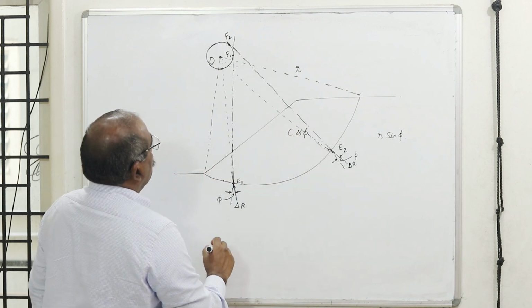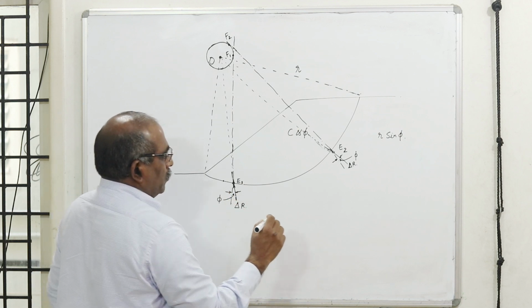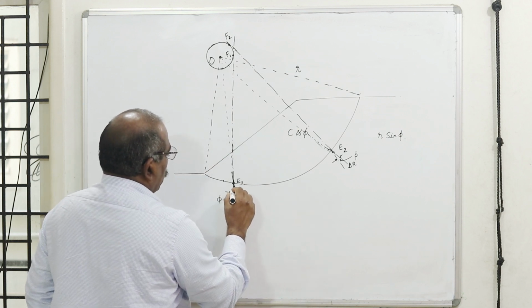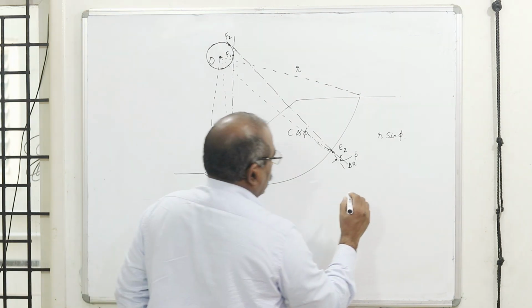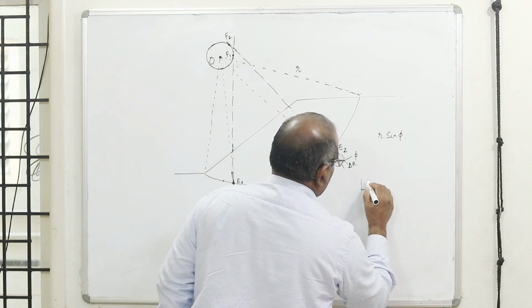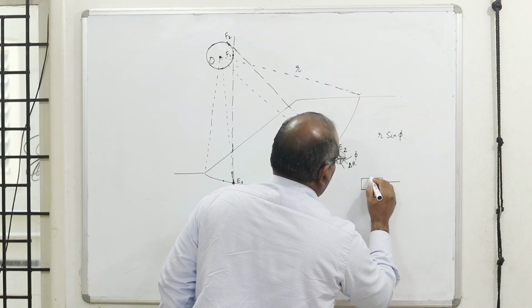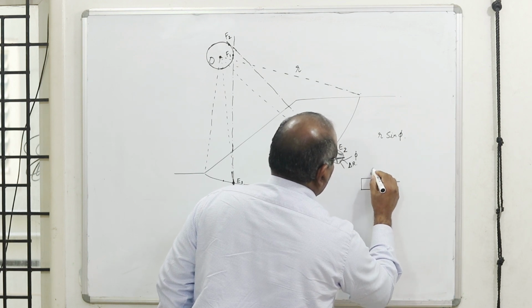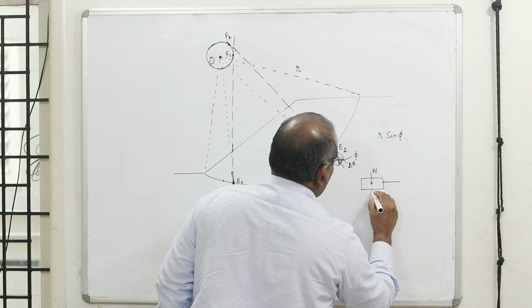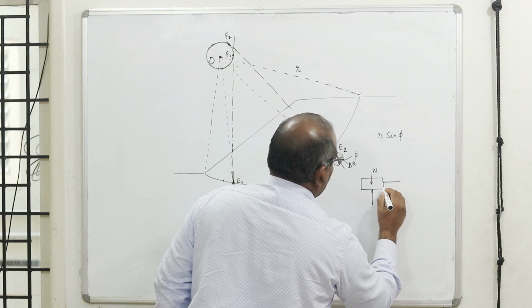Let us go from the basic mechanics. Now this is the body, it has got some weight W. The normal reaction will be normal to this.